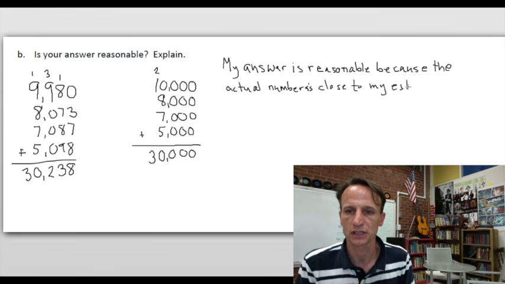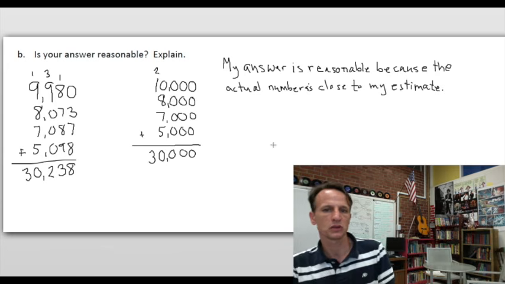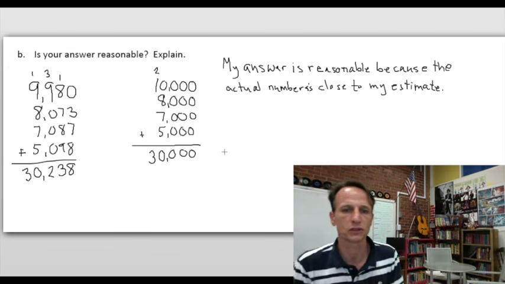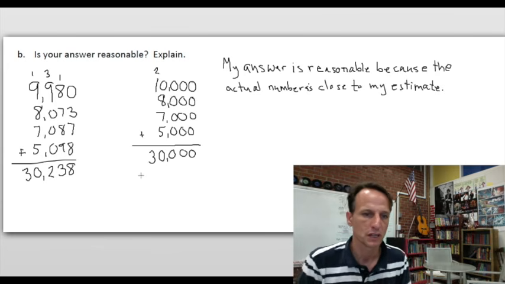And you could certainly explain further, but I think that kind of does the job there, doesn't it? You know your answer is reasonable because your actual number is close to your estimate. In fact, we can even label this. This is the actual. And here's your estimate.